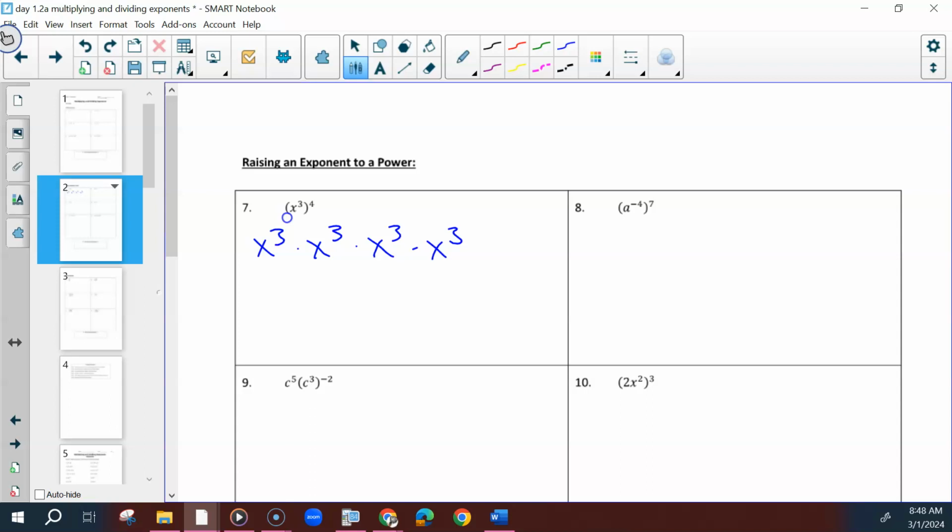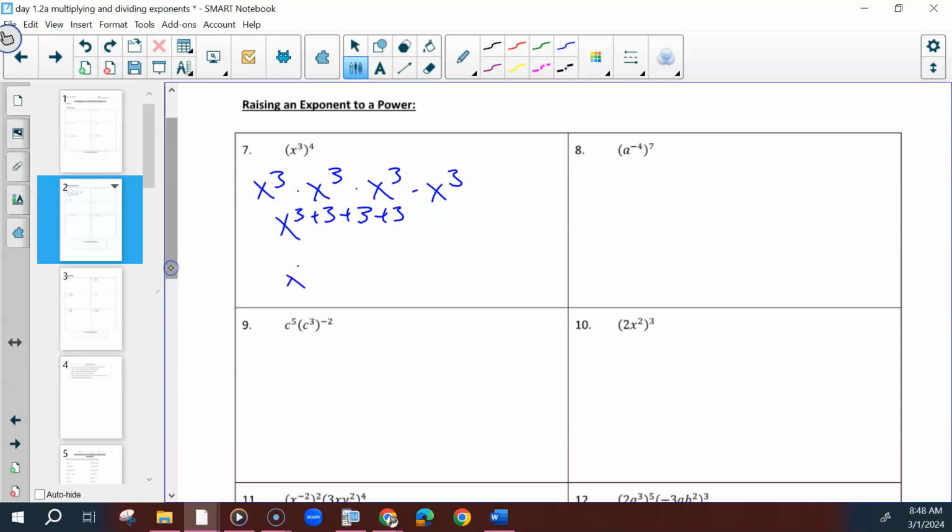Because of the rule we learned last class, when multiplying like bases, we add the exponents. So if we were to add these together, what would our new exponent become? x to the power of 12. So be thinking, how could we get from the first part to the answer?